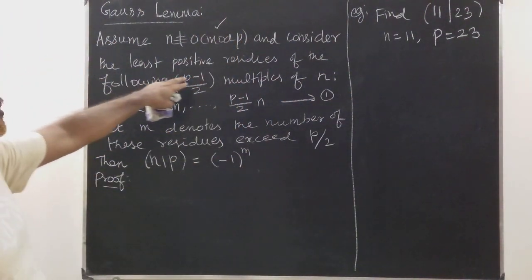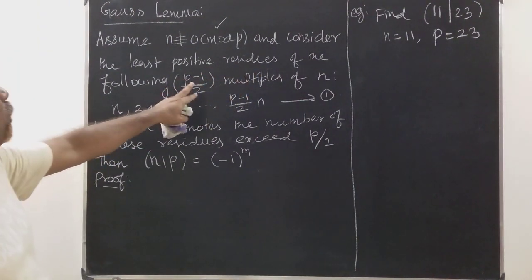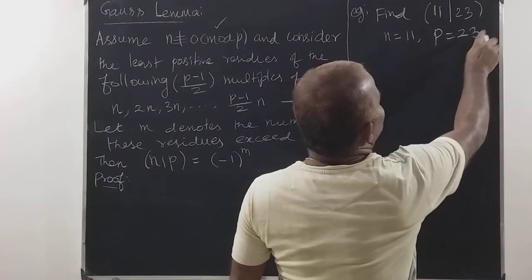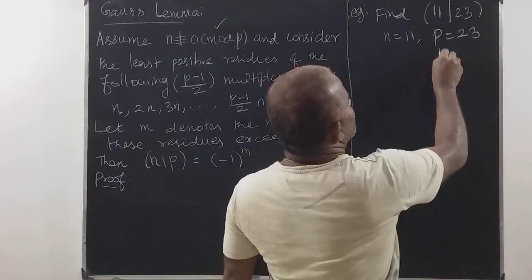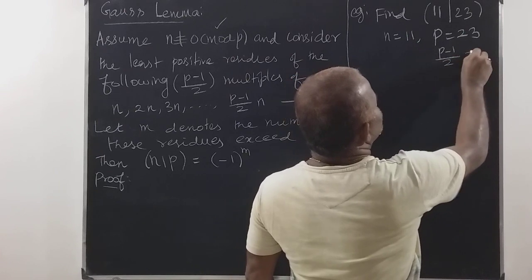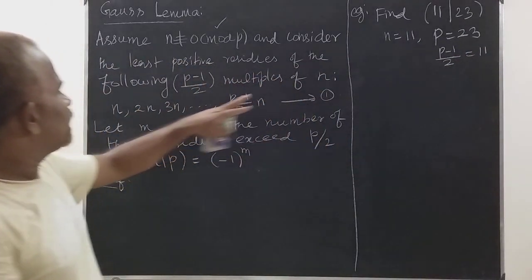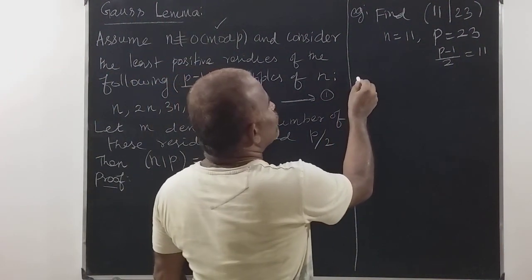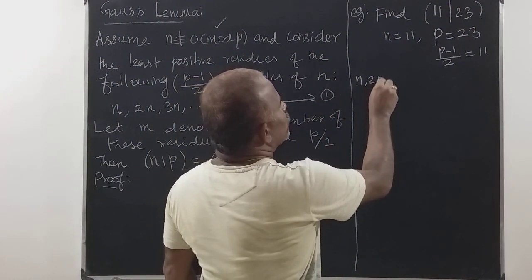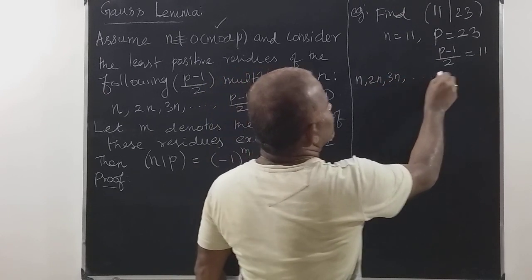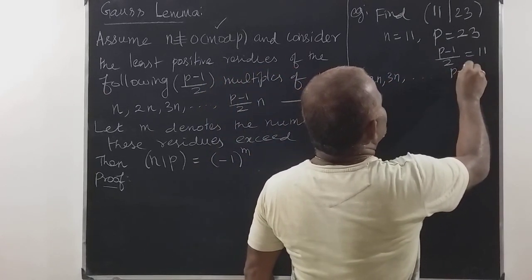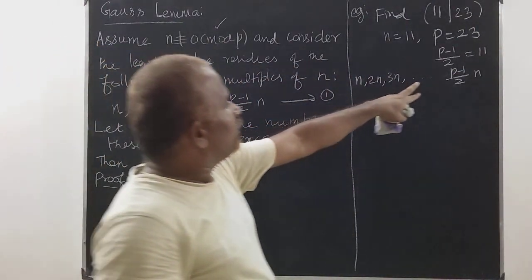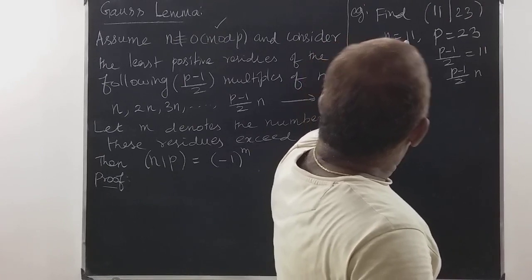Then consider the least positive residues of the following (p minus 1)/2 multiples of n. (p minus 1)/2 is 22 by 2, which is 11. Now consider the 11 multiples of n: n, 2n, 3n, etc. We know p, and we know n.